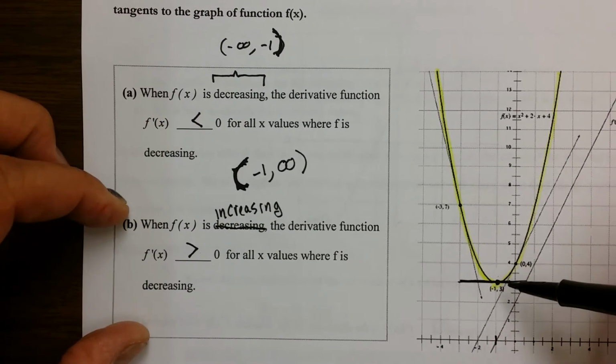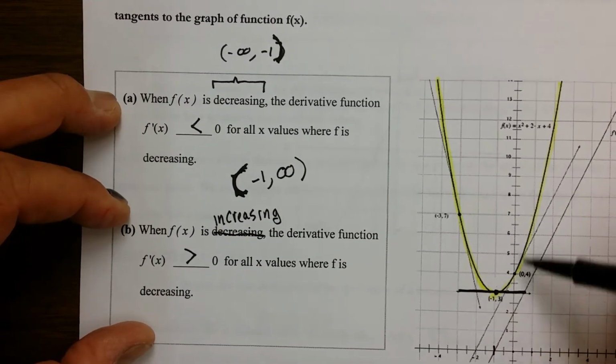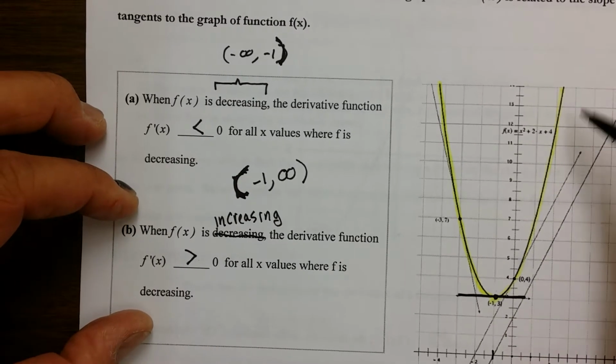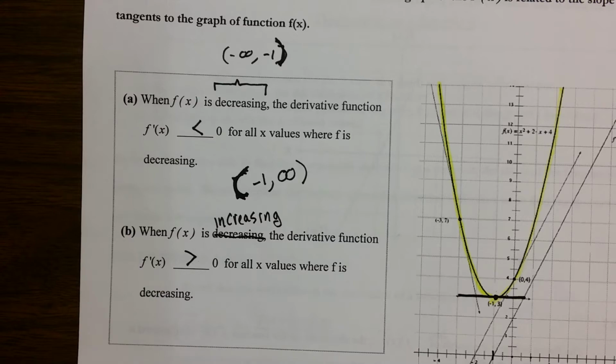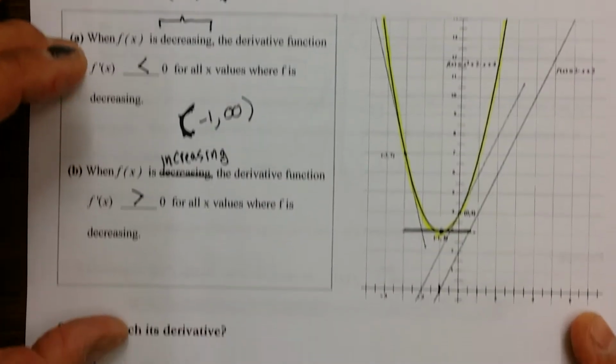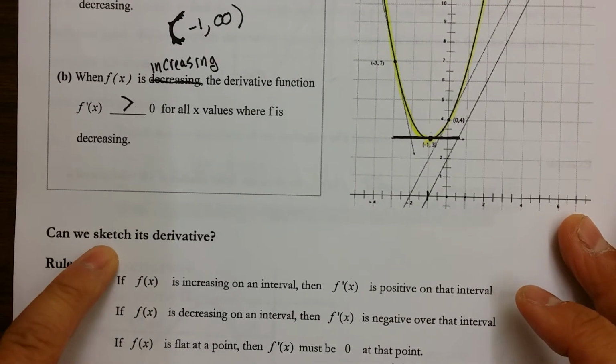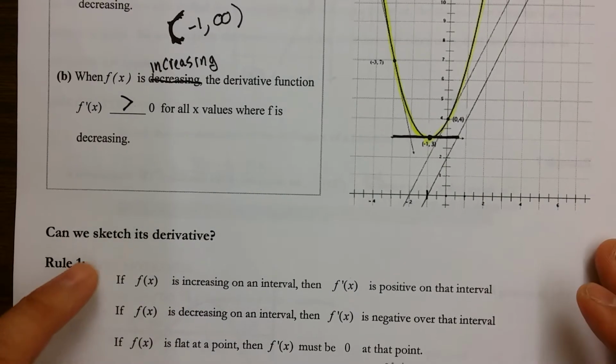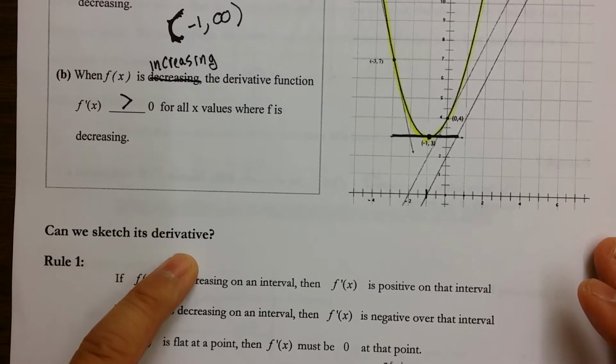And the derivative from -1 to infinity is going to be a positive number because the graph is increasing there. This allows us to sketch the graph of the derivative. Isn't that cool?